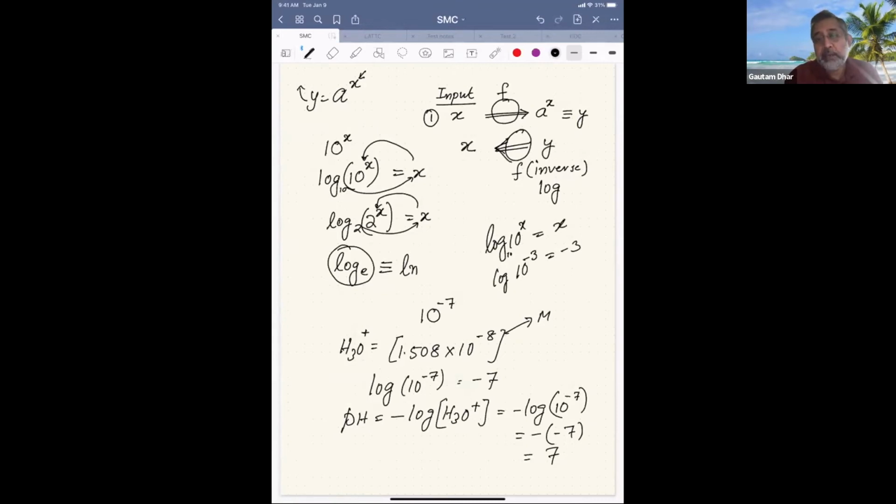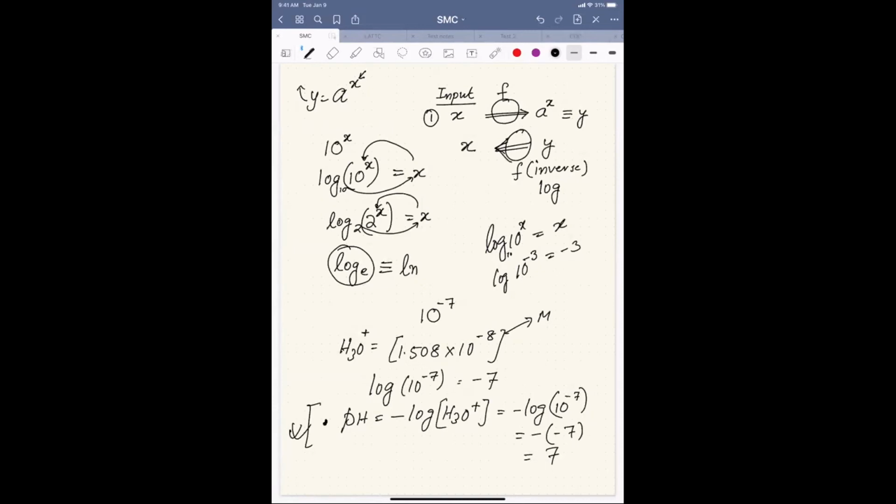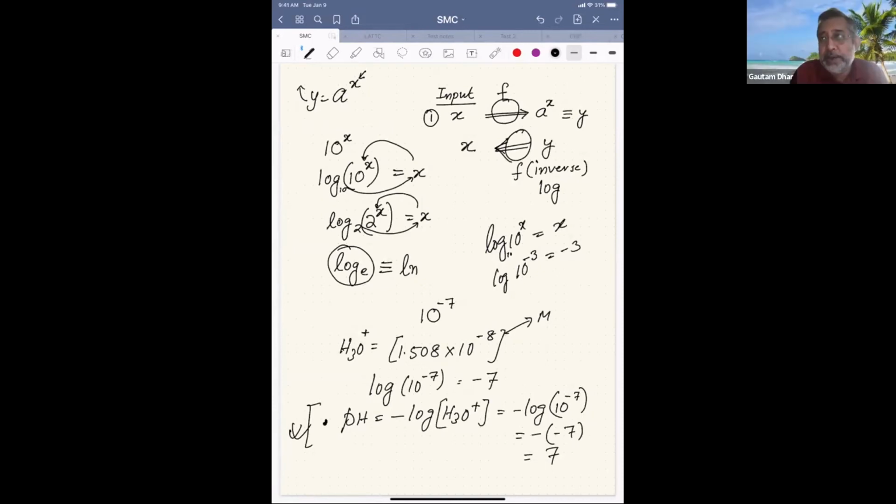Okay, that's the advantage. So you can see that we define pH as the minus log of concentration of hydrogen ion. Why minus? Because the power is negative, so we'll always get the log as a negative value, just to take care of the negative, so that we always get a positive sign.